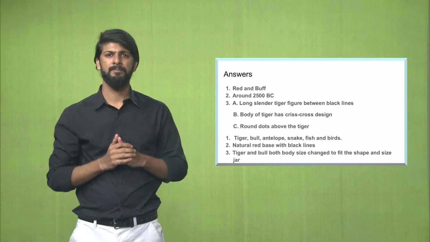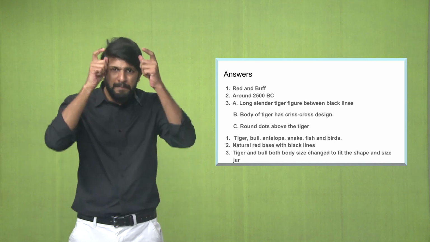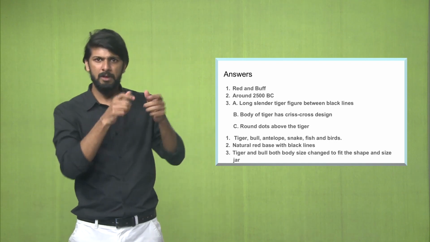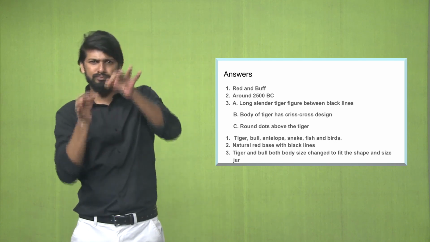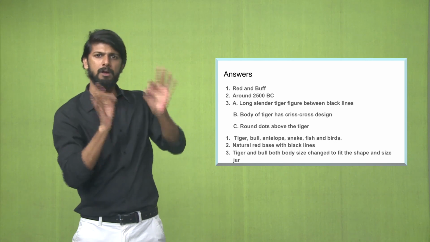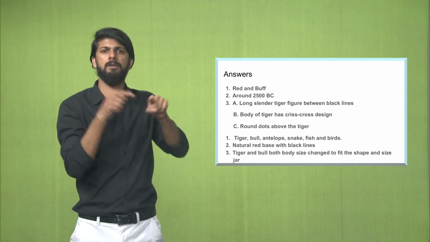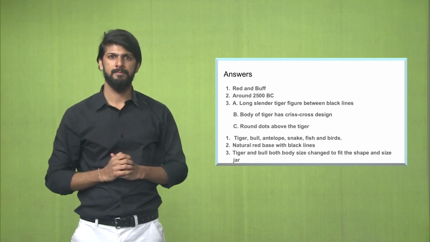Answer number 6, the tiger and the bull, which have been depicted on the two jars, the body of both animals has been changed to fit the shape and size of the jar.